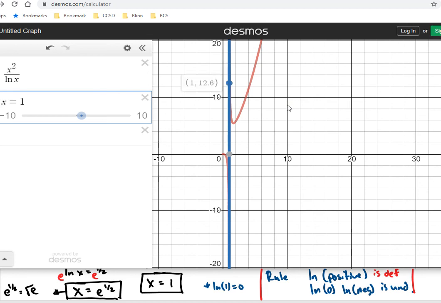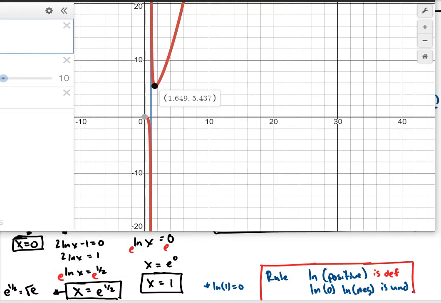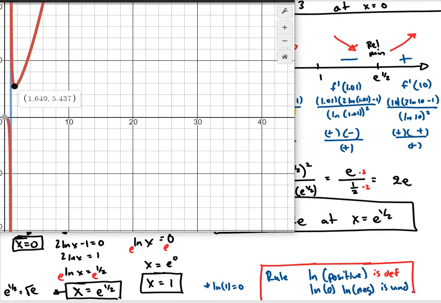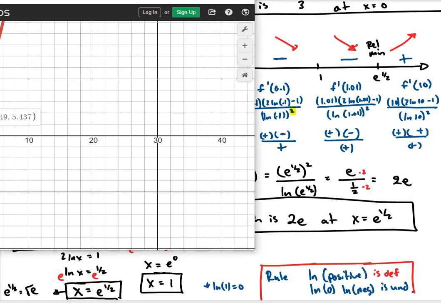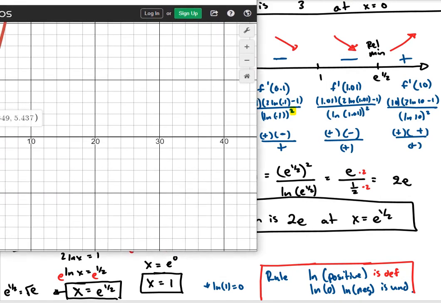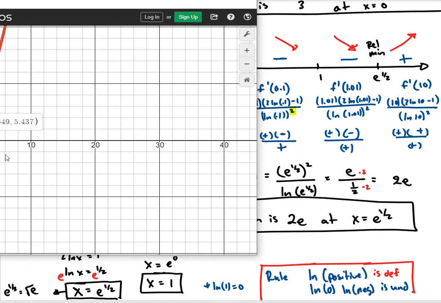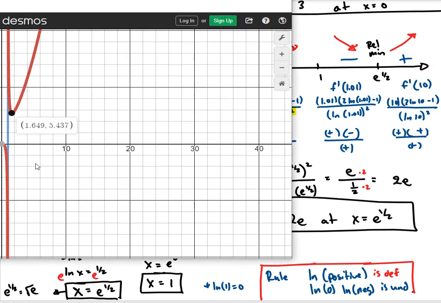And then afterwards, it's decreasing again. It's decreasing, decreasing, decreasing. And then at this point is where I have that local minimum, the 1.649 and the 5.437. Okay, and if you were to plug those in, 2 times e is 5.437. E to the 1/2, if we plug it into the calculator, is the 1.649.